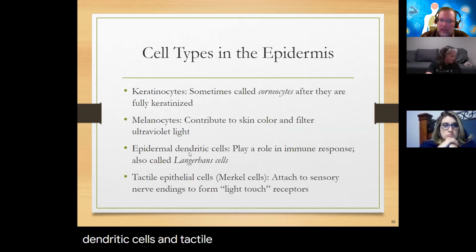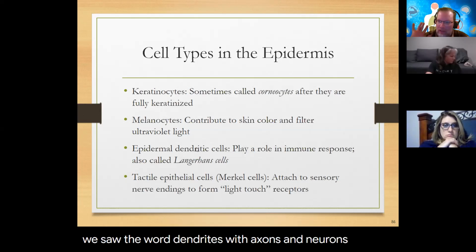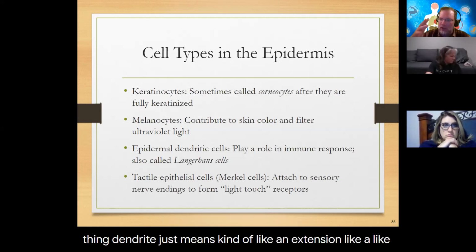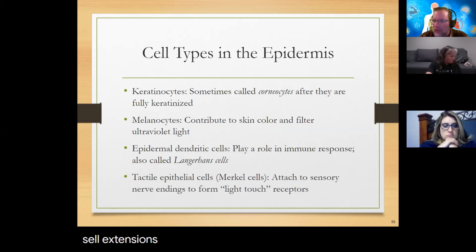The dendritic cells, we saw the word dendrites with axons and neurons and cell bodies and all that good stuff with nerve tissue. Different thing. Dendrite just means kind of like an extension, like cell extensions can be called dendritic or dendrites. So it just means long fingers in essence.